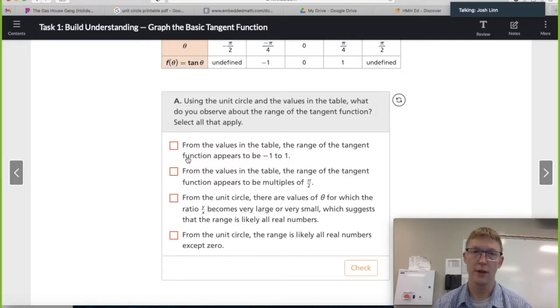Remember, the range is our y values. From the values in the table, the range of the tangent function appears to be -1 to 1. I mean, from the table, maybe. I know it's not true. I don't agree with that.